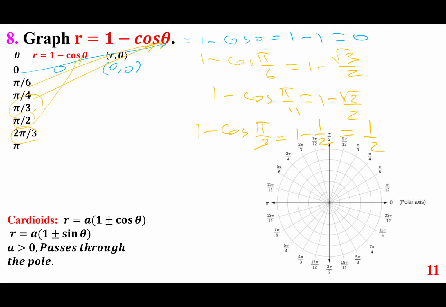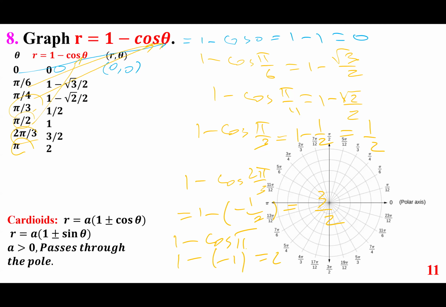For 2 pi over 3, 1 minus cosine of 2 pi over 3 is 1 minus negative 1 half, and it gives you 3 halves. For pi, 1 minus cosine of pi is 1 minus negative 1, and it's 2. So we get those, just as an example.